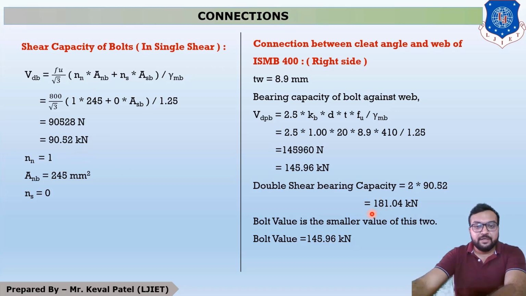So the value in double shear is 181.04 kilonewton, and it is the shear capacity of bolt. Now the term is for bearing capacity of bolt.